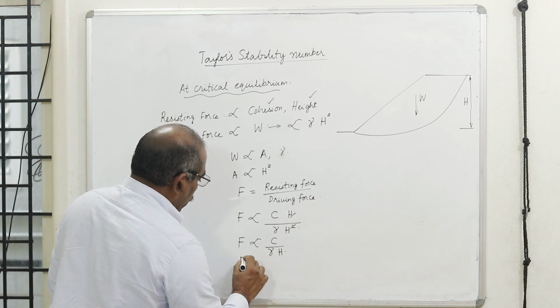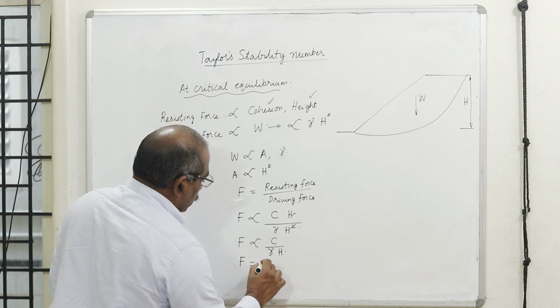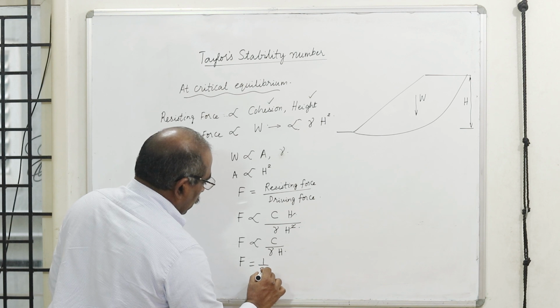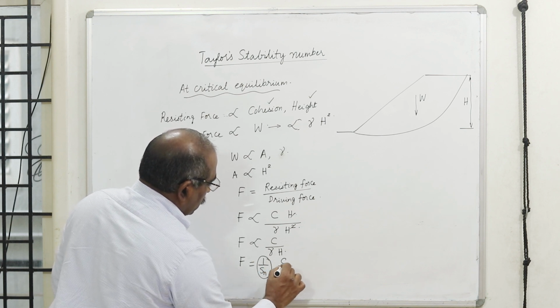Now you try to replace this by a stability number called Sn.